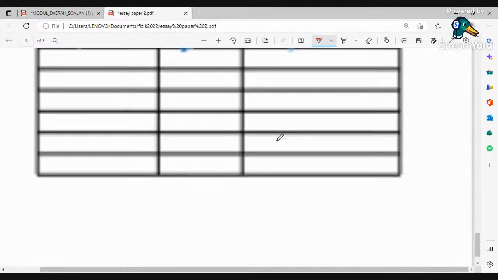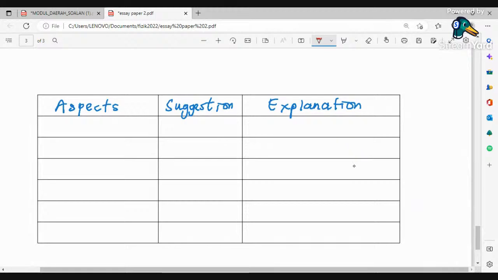Okay, same thing. I will answer in this form, table. Part D, number 11. Aspect. The first one is number of fin blades. Tulis dulu semua aspek dia.